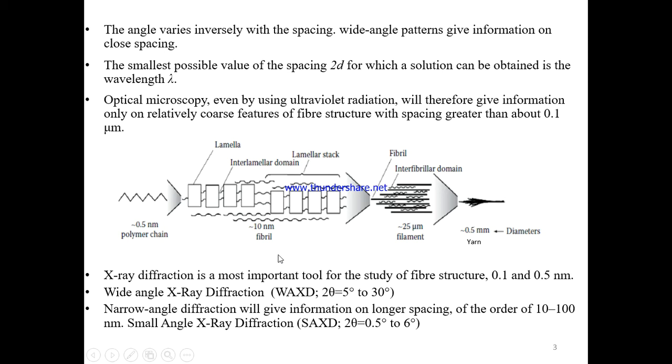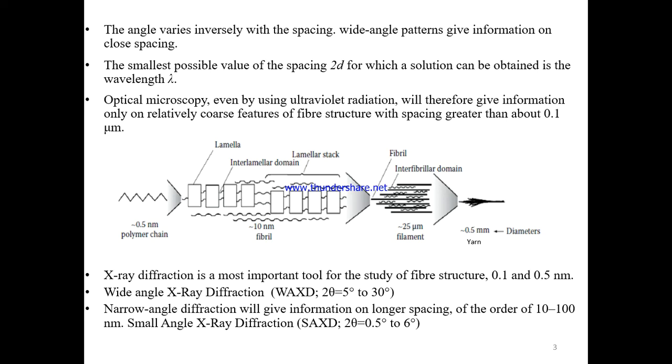So you can see what is inside a fibril: the dimension of a lamella or micelle, the intermicellar or interlamellar domain, the lamellar stacking, the configuration of the molecule, molecular extent and molecular orientation. All of that you can measure using X-ray diffraction. Now, the X-ray diffraction depends on the angle theta.